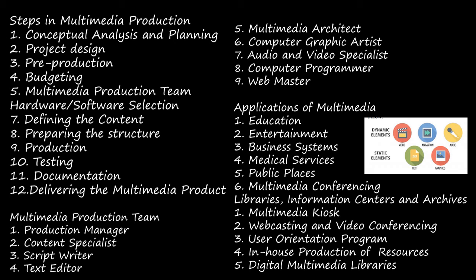In 7 you can see the steps in multimedia production: conceptual analysis and planning, project design, pre-production, budgeting, multimedia production team, hardware and software selection, defining the content, preparing the structure, production, testing, documentation, delivering the multimedia product. That is the first 5 mark, the process of multimedia, on page number 7 of your book.